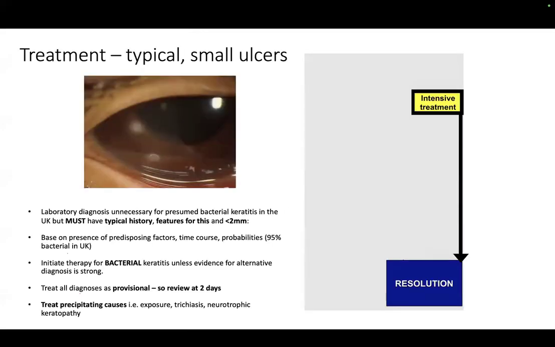Yes, we want to see these in eye casualty as well. Don't try and manage them at home with chloramphenicol drops because Pseudomonas is resistant to chloramphenicol. So you may end up prescribing an antibiotic, or advising the patient to get hold of an antibiotic from the chemist, that is not going to work for them, and then they can end up in a much worse situation pretty quickly.